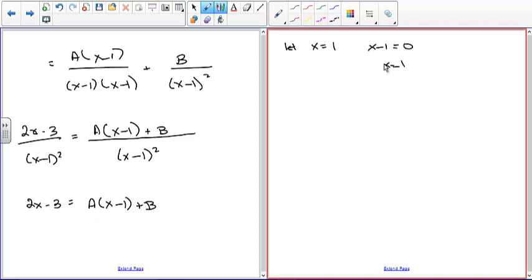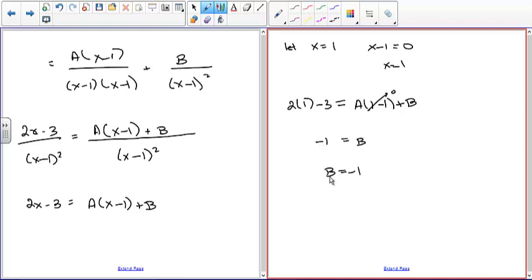So that's when x equals 1. So we plug 1 into the left-hand side for x, and we plug 1 into the right-hand side for x. And what happens is this goes to 0. So you get 2 minus 3, which is negative 1. This is 0, so you get b equals negative 1.